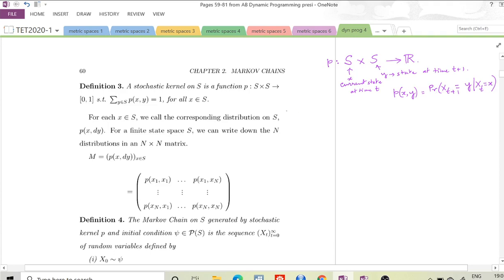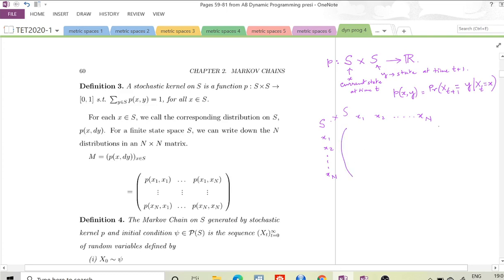So in terms of this, we can describe a stochastic kernel as follows. The first S is the current state, and the current state can be x1, x2, all the way through xn. And then cross S, that's the state tomorrow, and that can be, again, x1, x2 through xn.